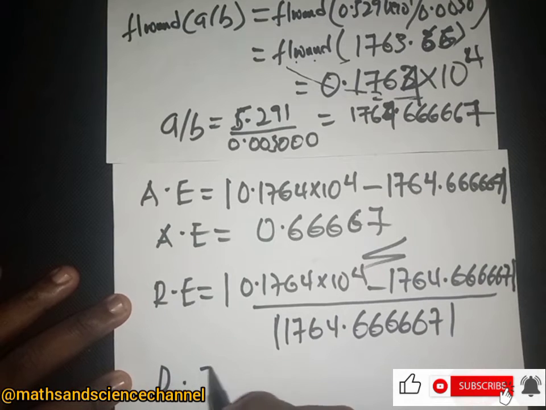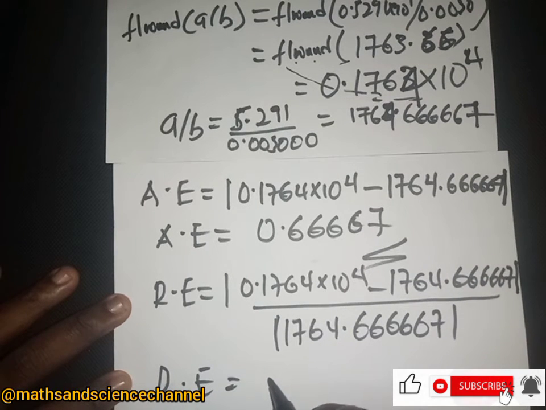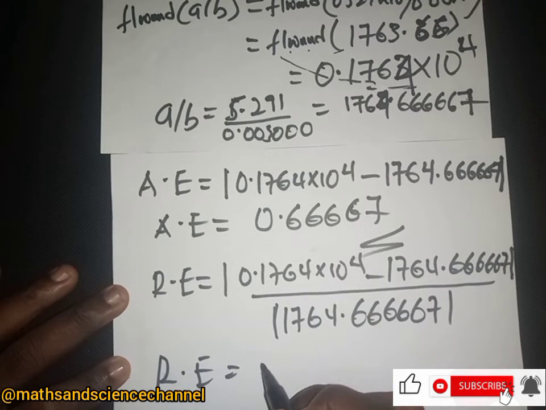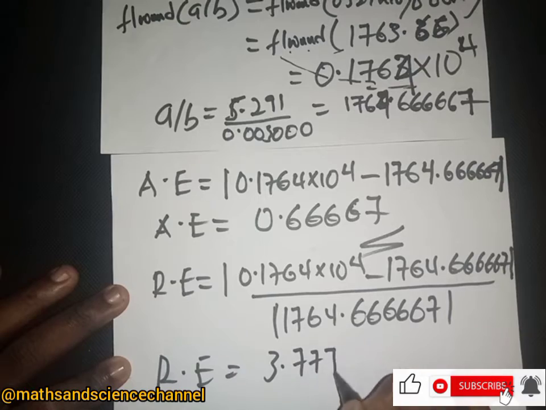When we compute this, we should get a negative, but because of the absolute we have a positive, 3777 times 10 to the power negative 4.